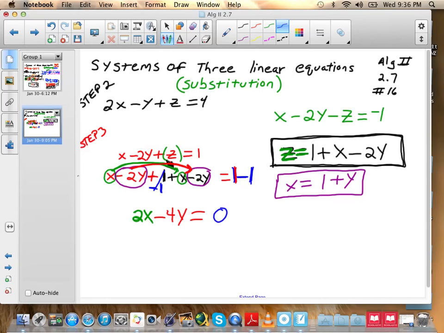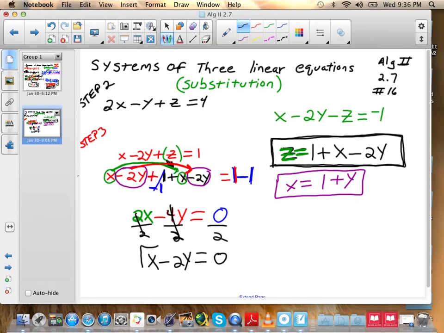Now it's pretty much done, except again, kind of like the last one, there are terms that I can simplify. So to simplify it, I'm going to divide by 2, because as long as I divide all terms by 2, I can simplify it, but they all have to be divisible. So 2 goes into 2 once, leaving me with x, minus 2 into 4 is 2, y, my term just drops down, equals, and 0 divided by 2 is 0.